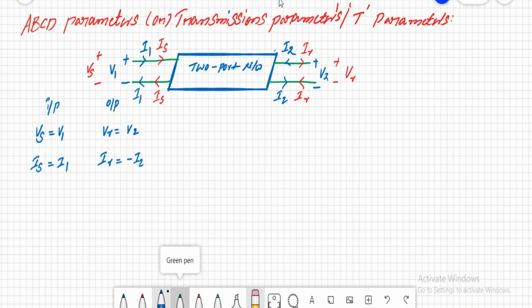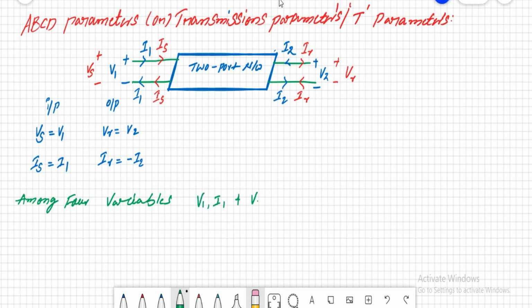So out of the 4 variables V1, I1 and V2, I2, let us have a general discussion. For the ABCD parameters, V2 and I2, that is the output, are independent, and V1, I1, the input, are dependent.